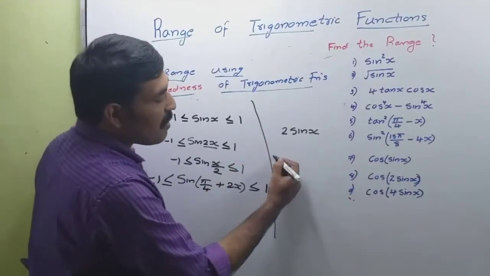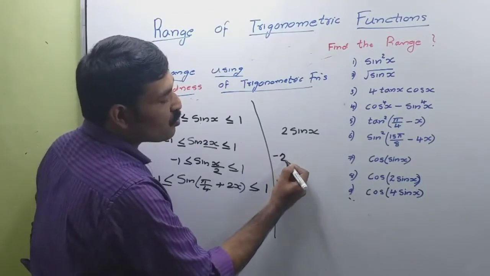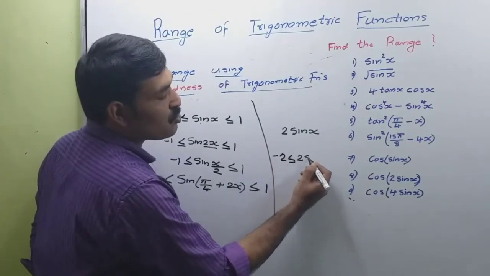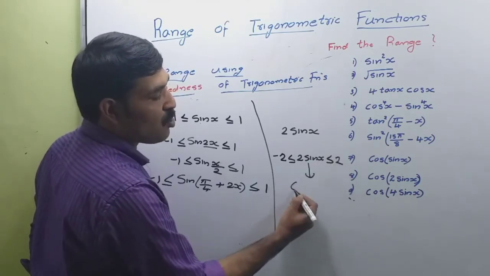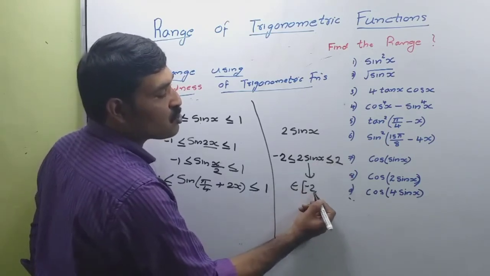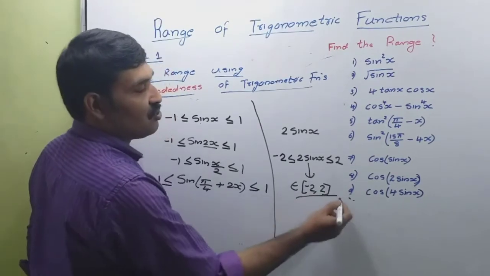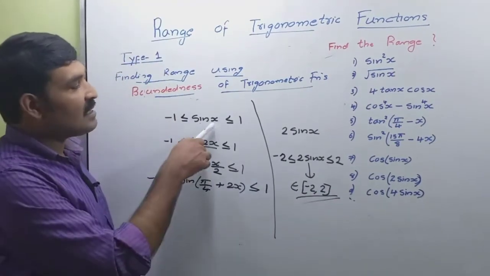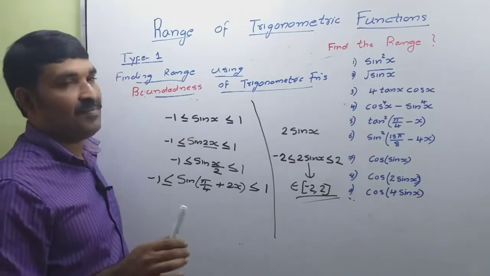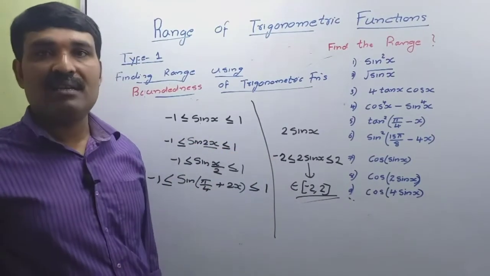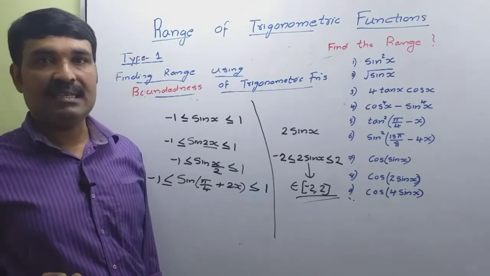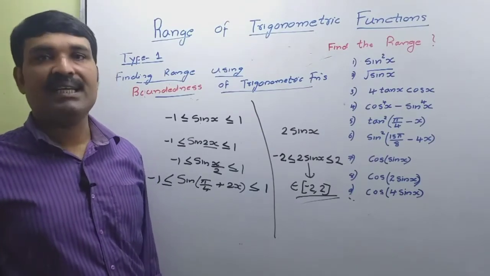So minus 2 is less than or equal to 2 sin x, less than or equal to 2. Now the range belongs to minus 2 and 2. A change in the argument does not affect the range, but if sin x is multiplied by another constant, then the range will change. This is applicable for all trigonometric functions.